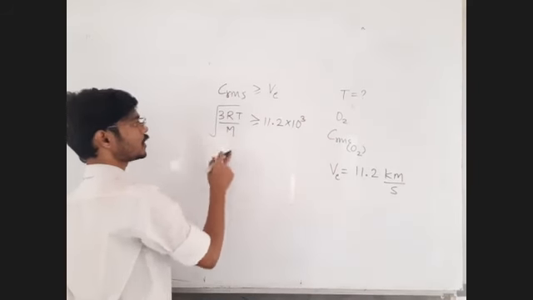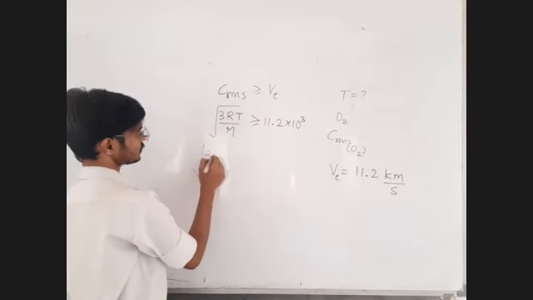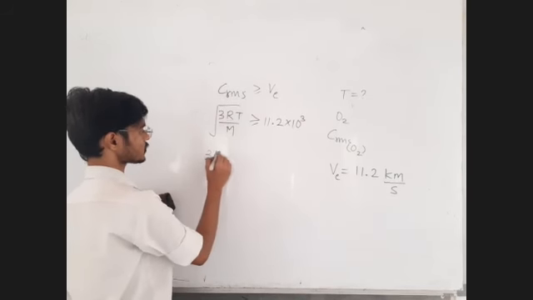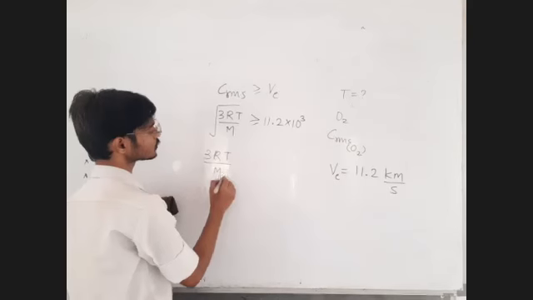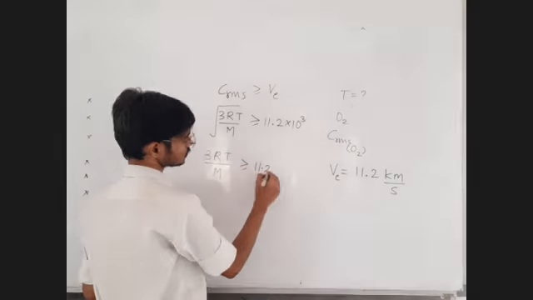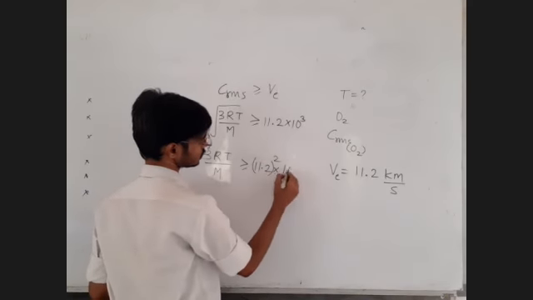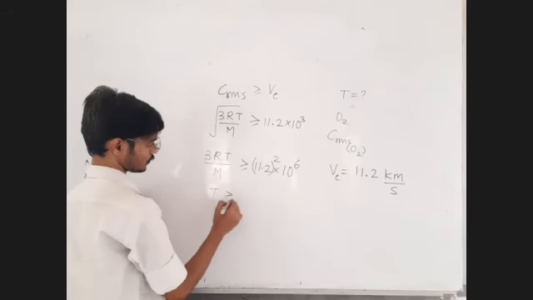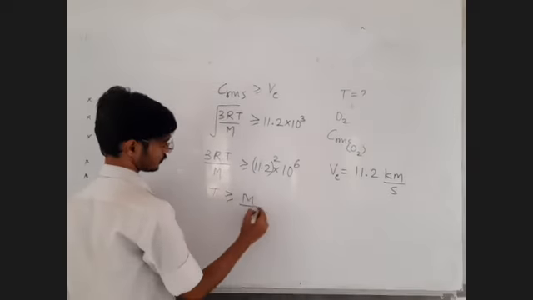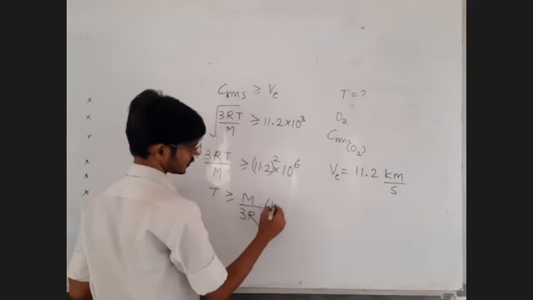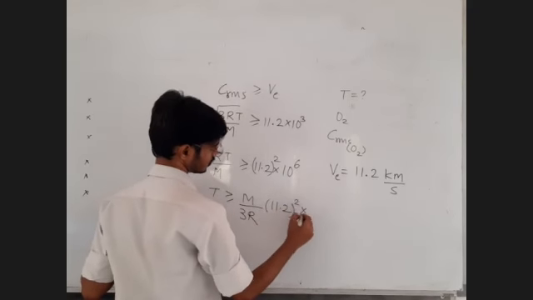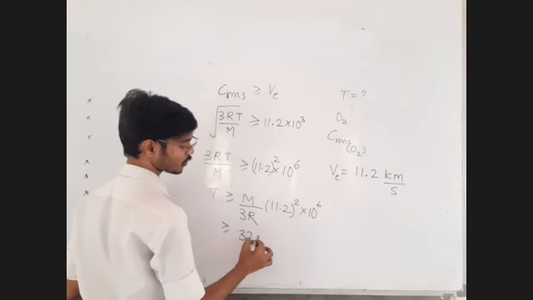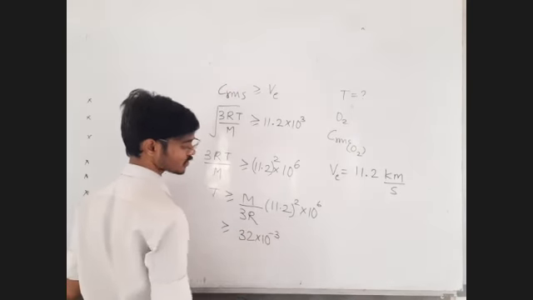Now you will do this calculation like this. Just take the squares on both sides. You have to find the temperature value. Do this calculation on your own. The molar mass of oxygen is 32 gram per mole; that gram must be written as 10 raised to minus 3.